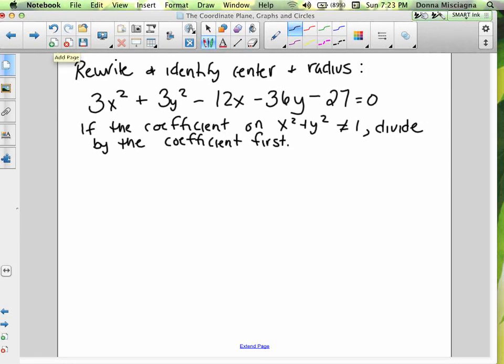Now you might wonder, what happens if the coefficient on x squared and y squared is not the same? If it's not the same, then this is not a circle. This is something else. This would be an ellipse, right?